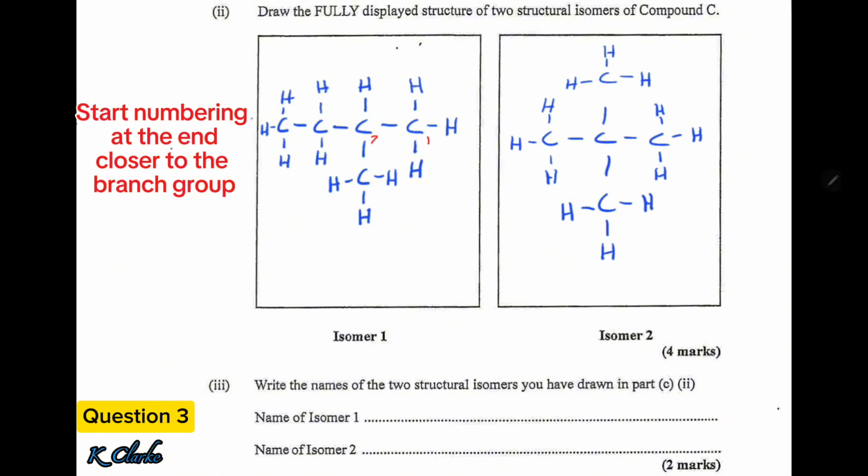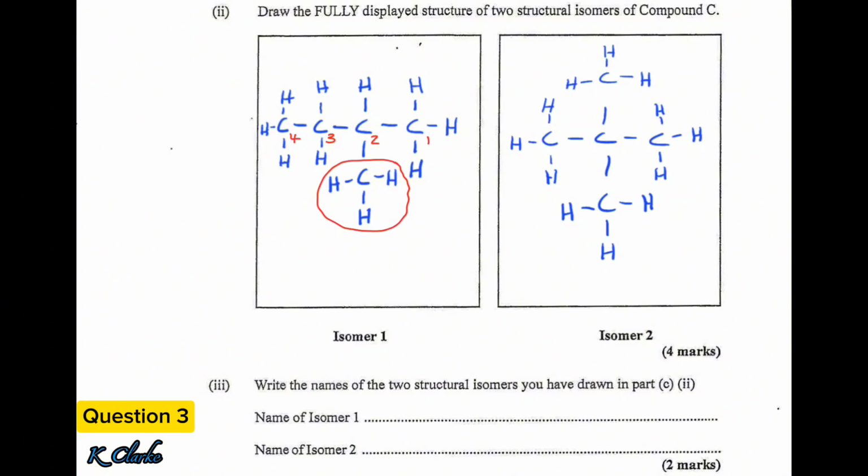1, 2, 3, 4. There is a branched group which I'll circle. Since there are 4 carbons in the longest chain, the prefix is but.